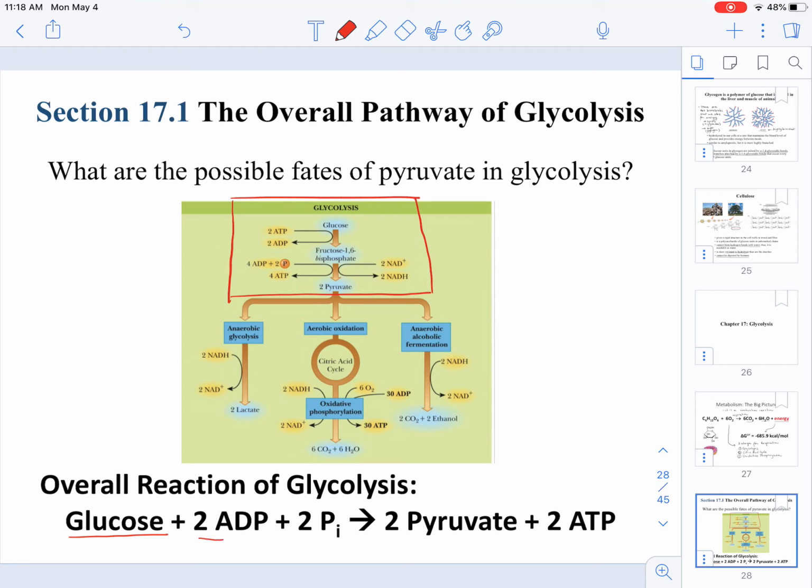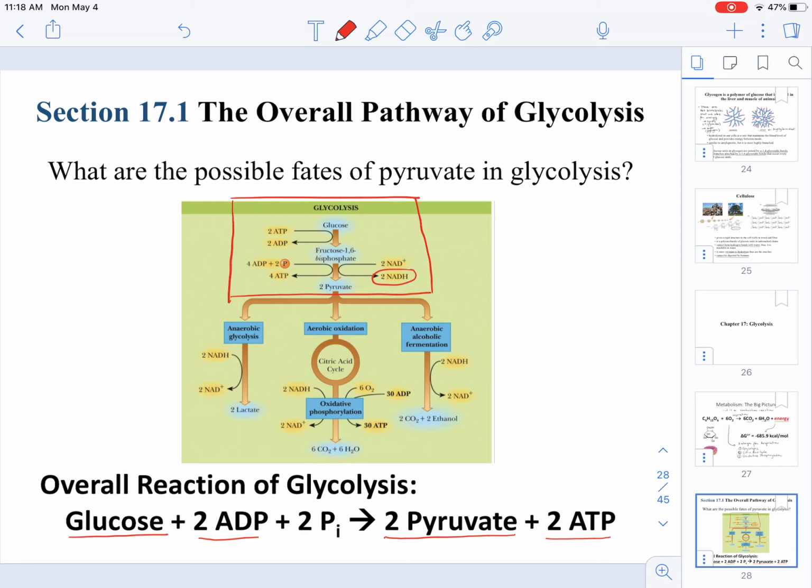We convert 2 molecules of ADP into 2 molecules of ATP, and that glucose turns into 2 molecules of pyruvate. Now, understand, even though it's not outlined in the general reaction, in this process, we are also going to be generating 2 molecules of NADH.